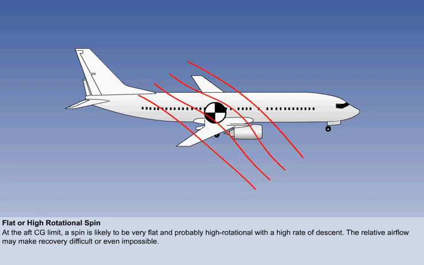The relative airflow in a flat spin is nearly straight up, keeping the wings at very high angles of attack. But, more importantly, the upward flow over the tail unit may render the elevator and rudder ineffective, making recovery impossible.